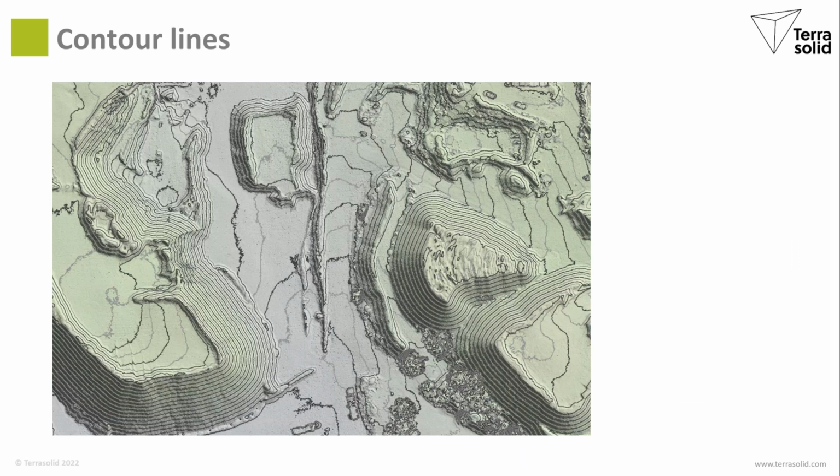As well, when you create a surface model, software can produce contour lines. It's possible to change the settings, also to simplify a bit those contour lines. You can manage the details and also put the labels or without it.